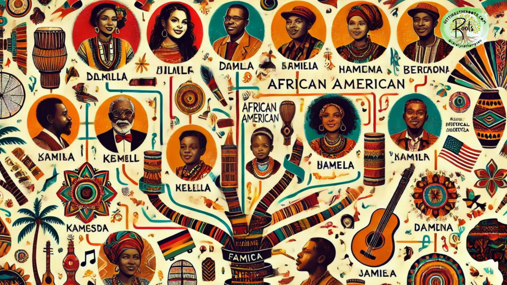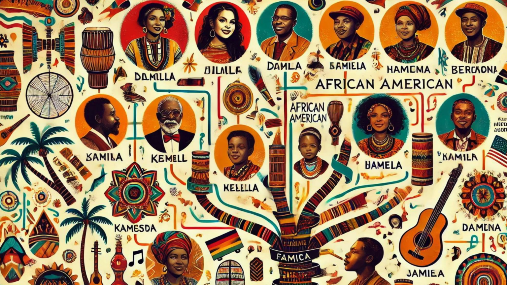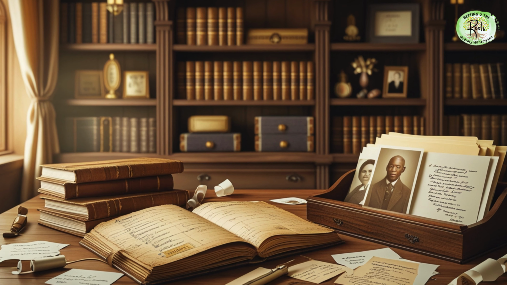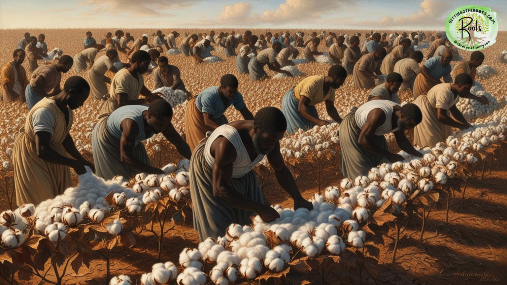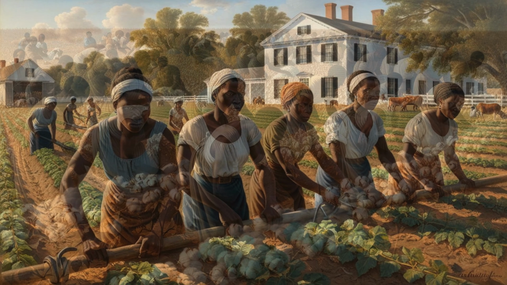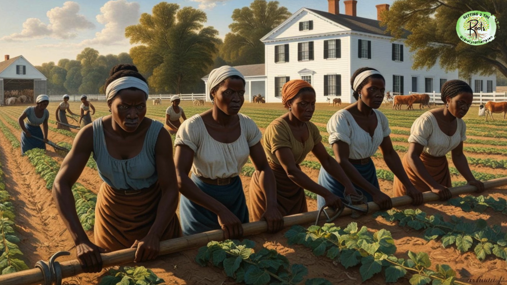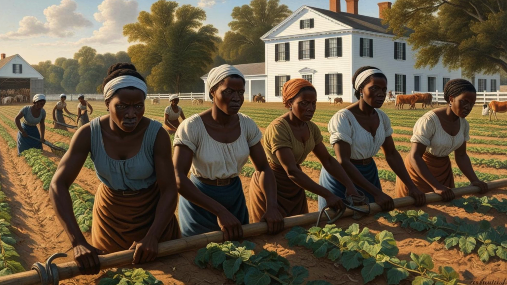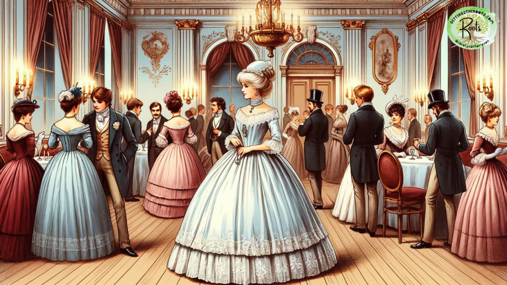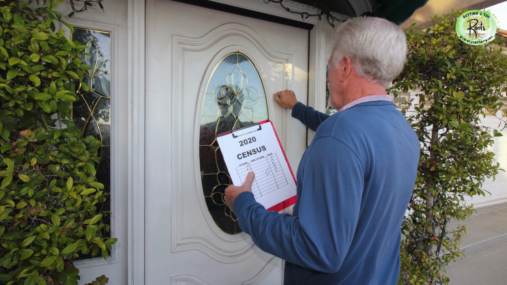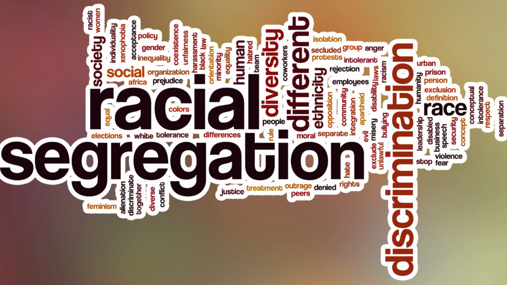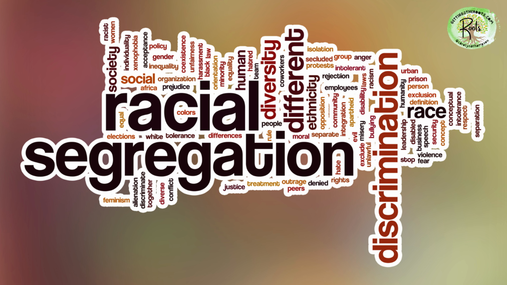But what if an ancestor's name changed over time? Tracking name changes and migration patterns is another crucial part of the process. Many formerly enslaved individuals adopted new surnames after emancipation, choosing names with personal meaning or taking the name of a former enslaver. Census takers frequently recorded names incorrectly due to illiteracy, miscommunication, or racial bias.